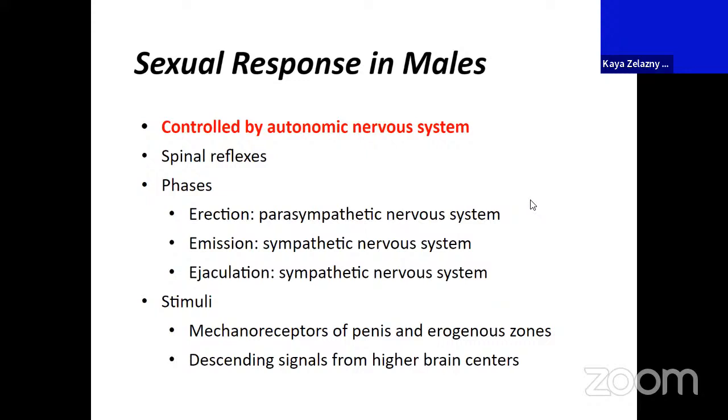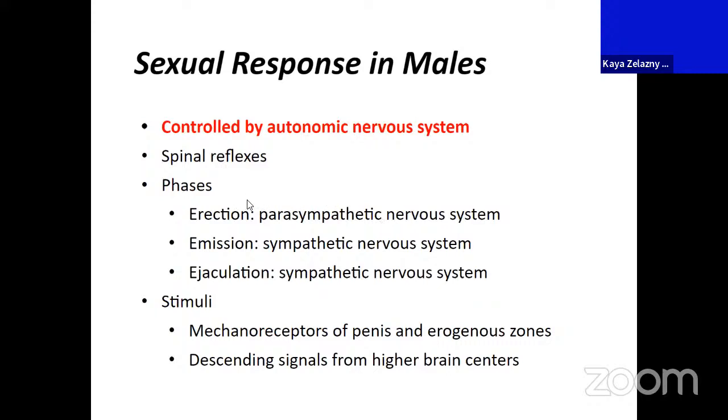And we're going to see a switch over from which part of the autonomic nervous system is active and signaling as the sexual response continues. So when we start, we're going to go through 3 phases for the sexual response. The first thing we're going for is erection.